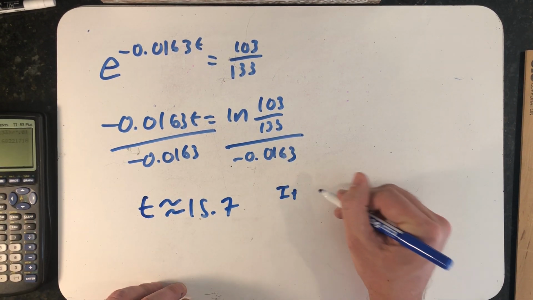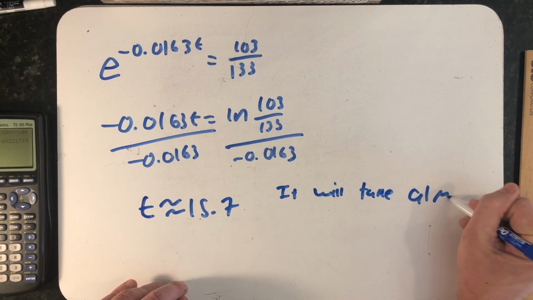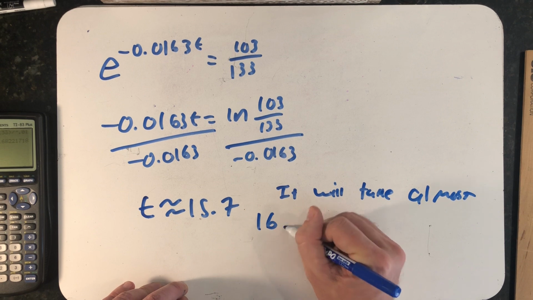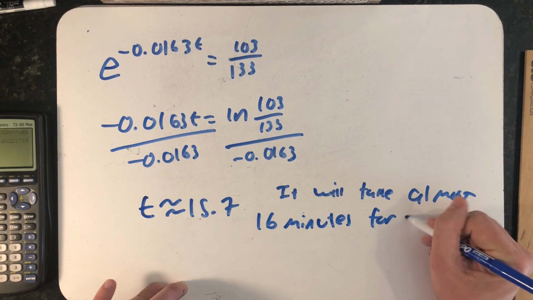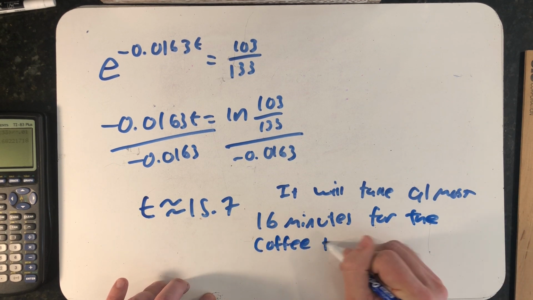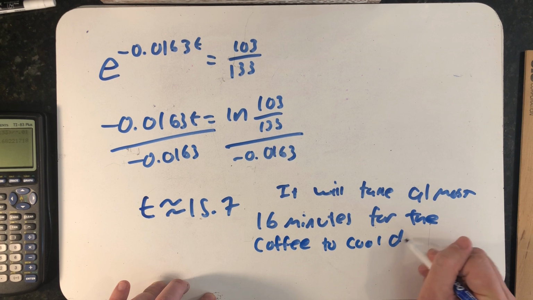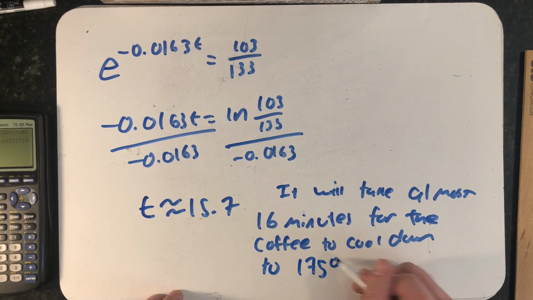It will take almost 16 minutes for the coffee to cool down to 175 degrees Fahrenheit.